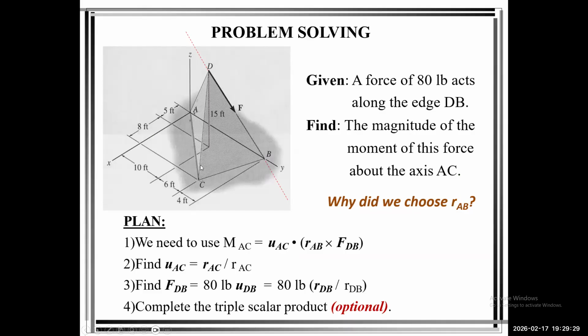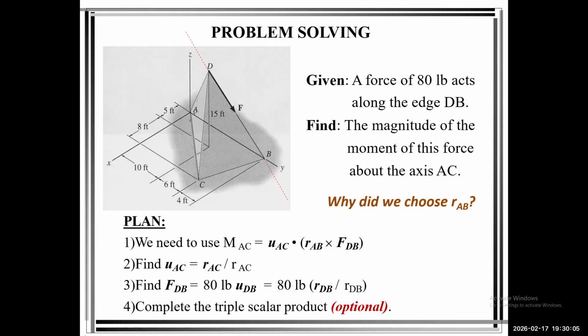All right. Another problem now. You have a force of 80 pounds acting along the edge DB in this scenario. The magnitude of the moment of this force about the axis AC. That's what they want. Moment about the axis AC. Now, the plan is we need to use M_AC times the unit vector of AC.